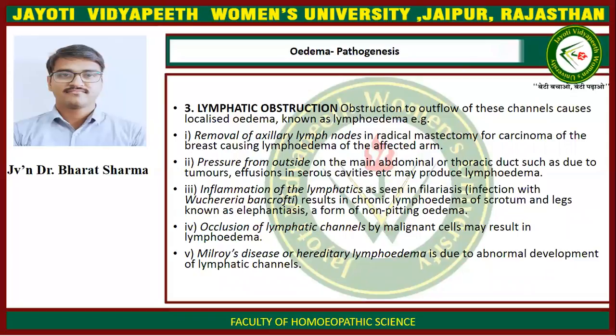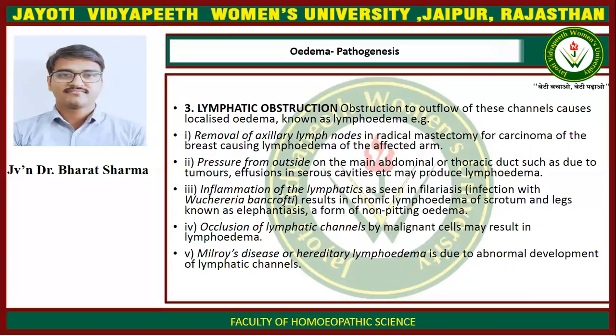Third is lymphatic obstruction. Obstruction to outflow of these channels causes localized edema known as lymphedema. Examples are removal of axillary lymph nodes in radical mastectomy for carcinoma of the breast, causing lymphedema of the affected arm.